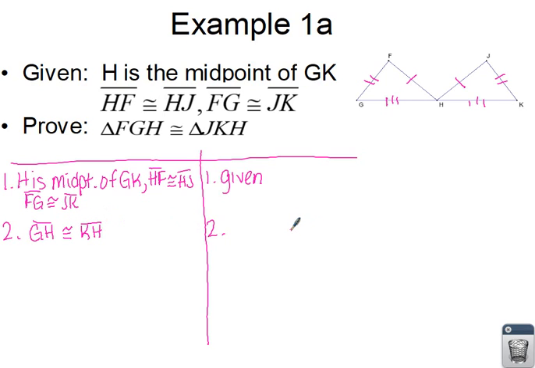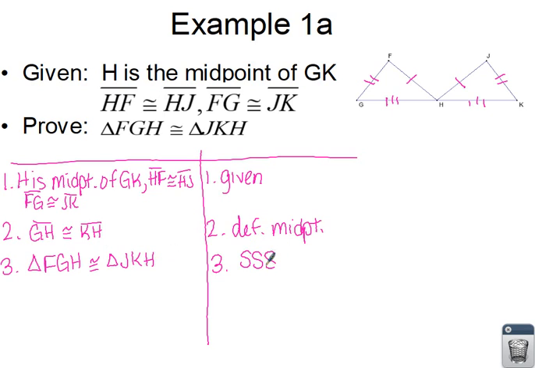And since we used the midpoint to decide that, that would be definition of midpoint. Okay, it's one of those things on the board that we've been using periodically. Alright, our triangles have three sides in common with each other, so we can prove the triangles are congruent. Triangle FGH is congruent to triangle JKH by side, side, side.